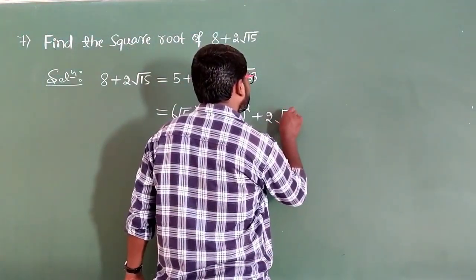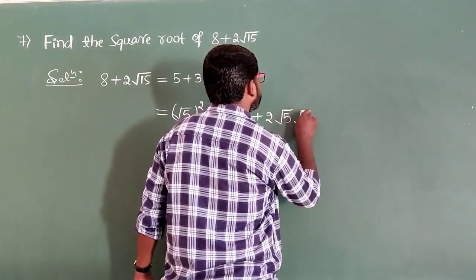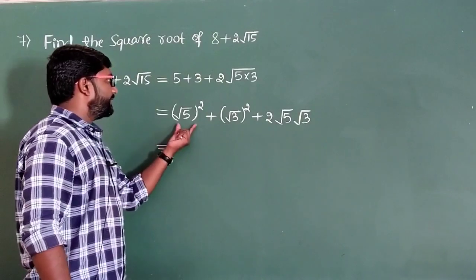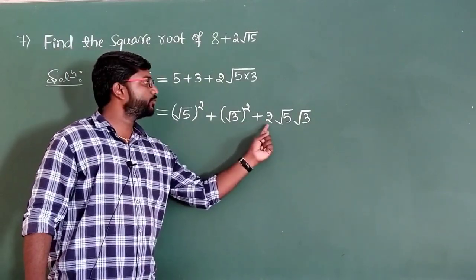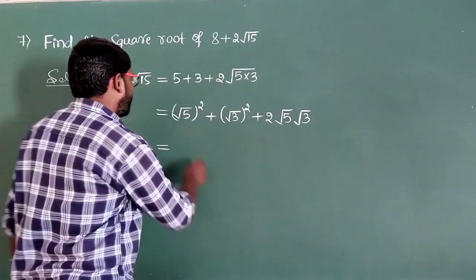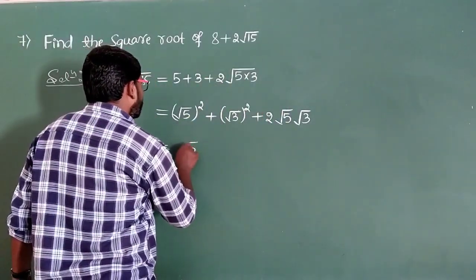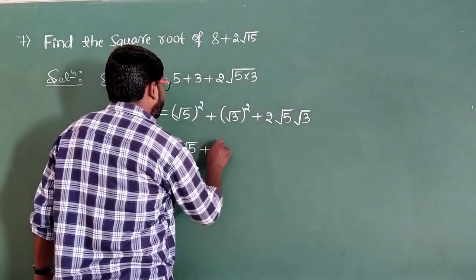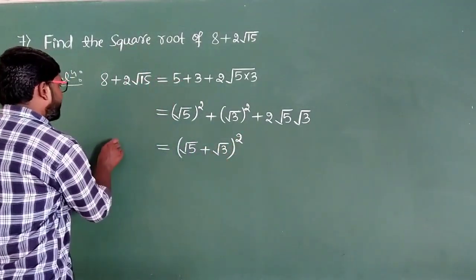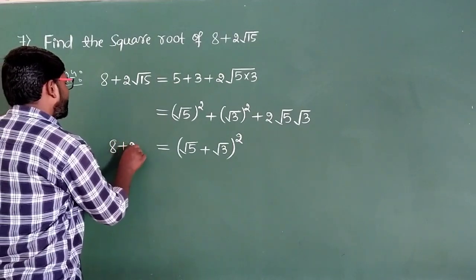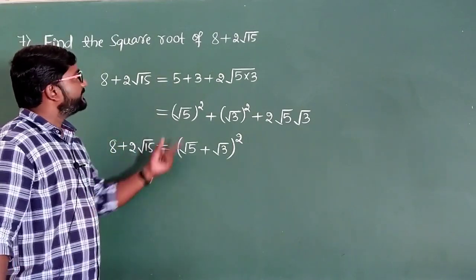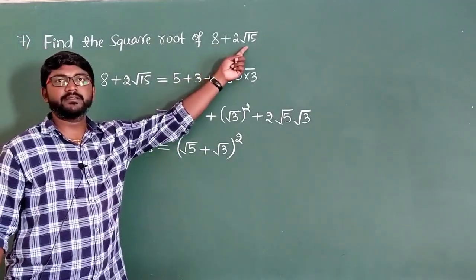Now this is in the form of a square plus b square plus 2ab, which can be written as a plus b the whole square. So root 5 plus root 3 the whole square, and I write the LHS as it is, 8 plus 2 times root 15. Now we have to find the square root of this particular surd.